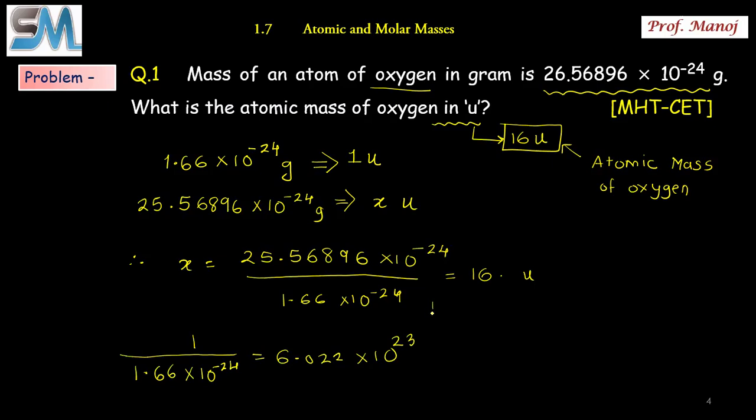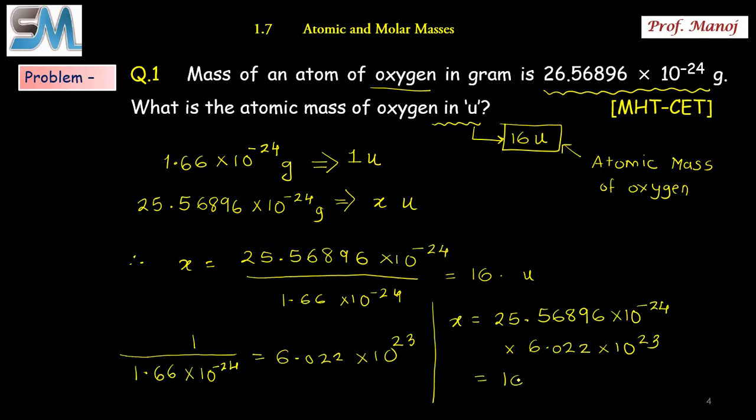So the same problem could be solved in a different way as 25.56896 into 10 raised to minus 24 multiplied by 6.022 into 10 raised to 23, and try that calculation, you will get the same answer. This becomes an alternate method.